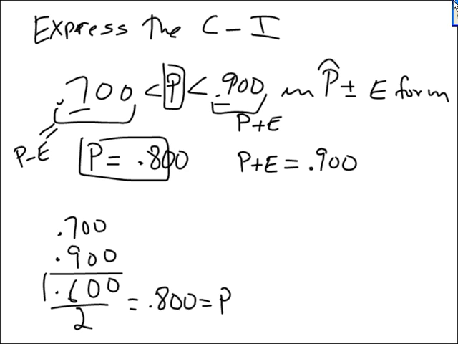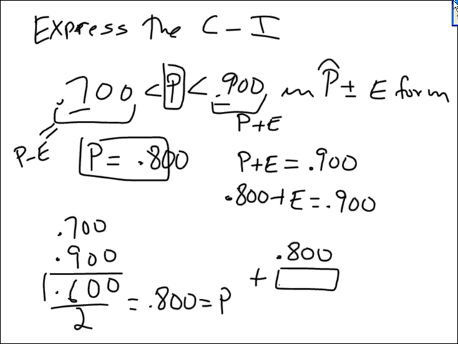It's 0.800 plus some number gives you 0.900. There's many, many ways to do it. Personally, I like to do it this way. Nobody but nobody does it this way, but in my opinion, this is the cleanest way. We want to add two numbers. The second one we don't know, and we want to get 0.900.